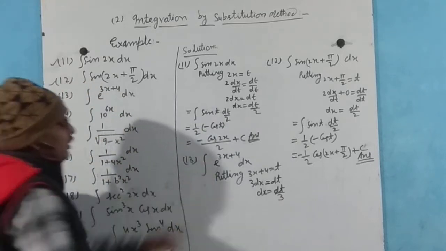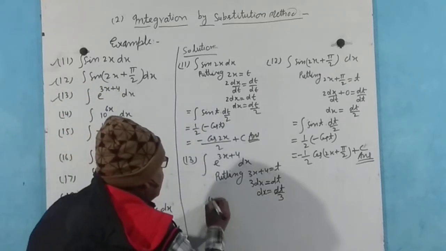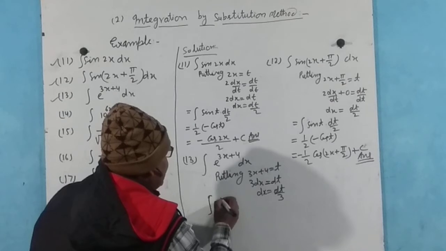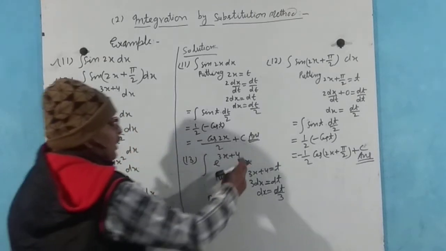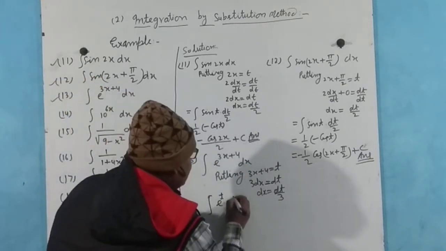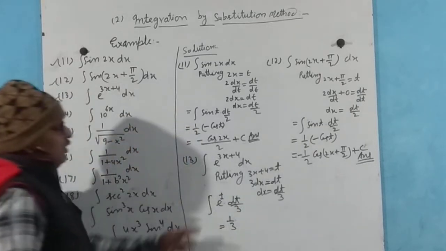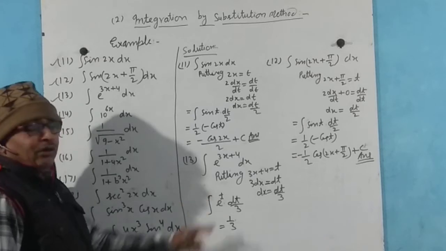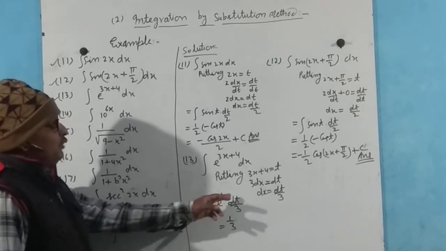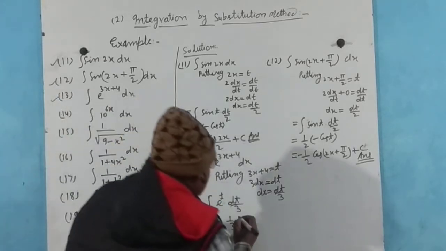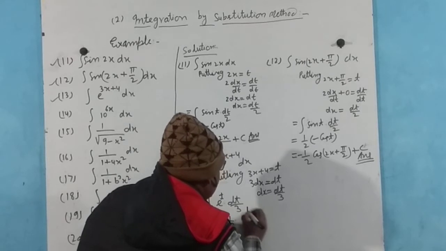Now putting here, integration of e power t and dx equal to dt by 3. It means that 1 by 3 here, and integration of e power t with respect to t is e power t.